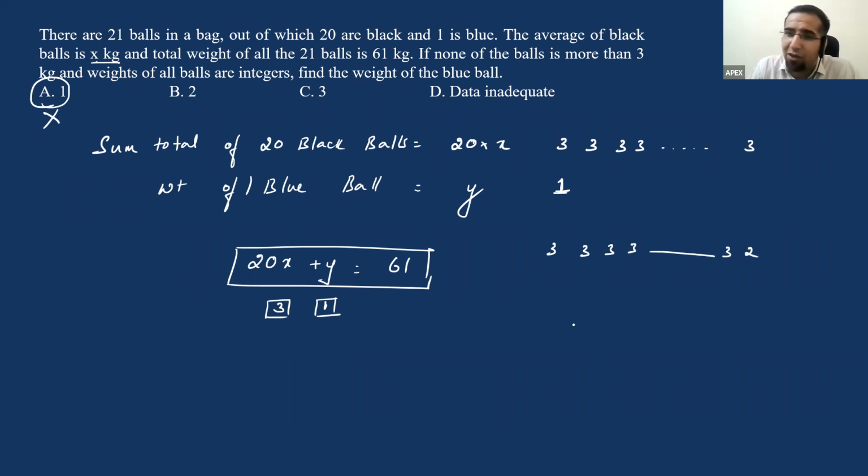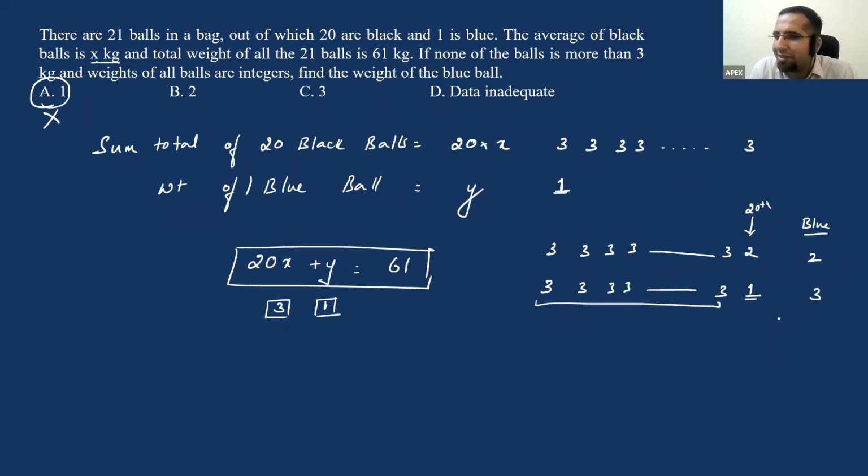Let's say the 20th ball I'm taking 2. Clear? If I'm taking the 20th black ball as 2, then the blue ball will also be equal to 2, because I reduced one from here, I'll increase one here. I can also have a case where all the balls are of same weight. This guy is 1. If this guy is 1, then this guy will be 3 because 19 threes are 57.